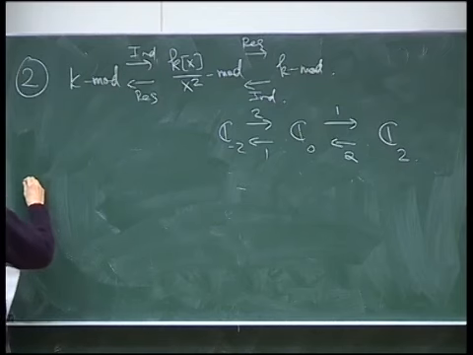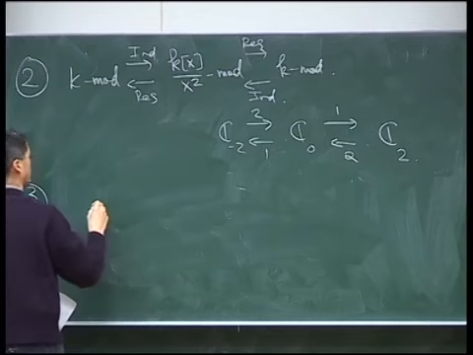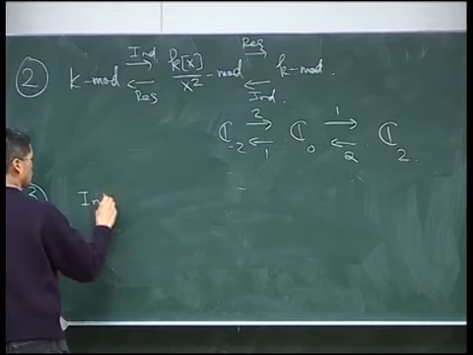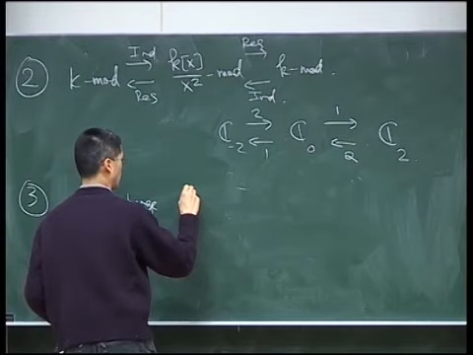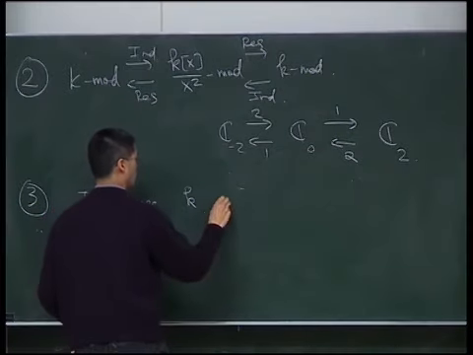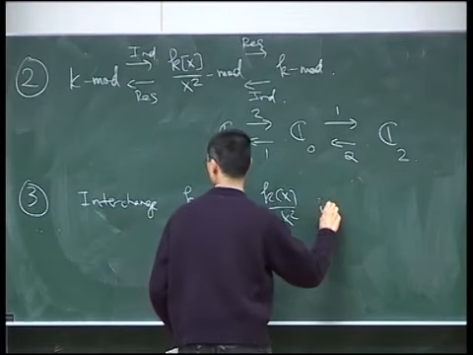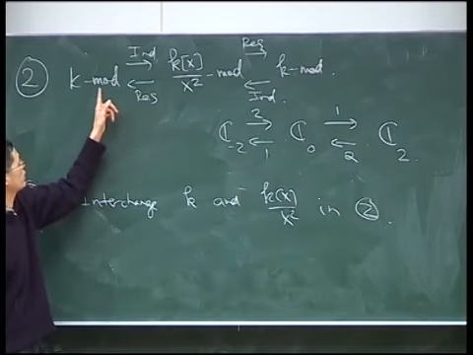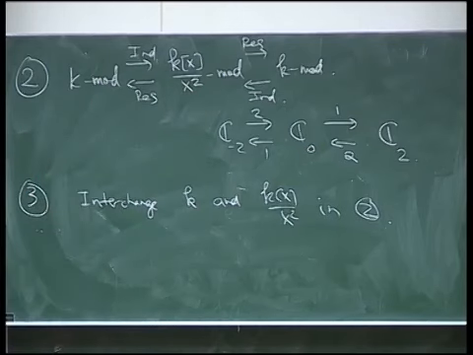Okay, and this one you see is going to work. So that's fine. Let me just remark that you can do a variation on this one where we can interchange the roles of K and the 2 algebras in example 2. So I can have k[x] modulo x squared on the 2 ends and category of vector spaces in the middle, and you can check that that works out just as well.